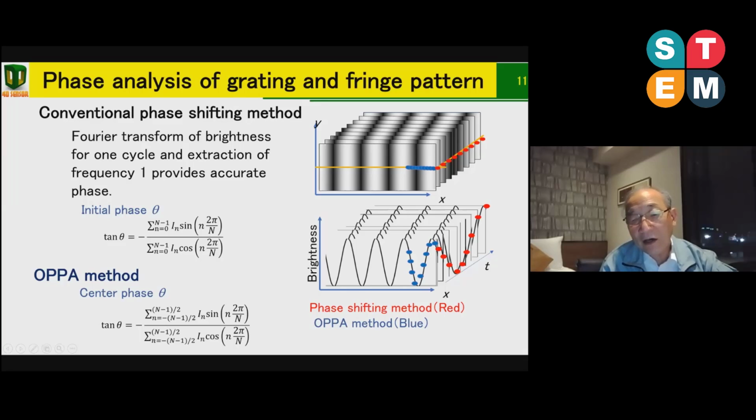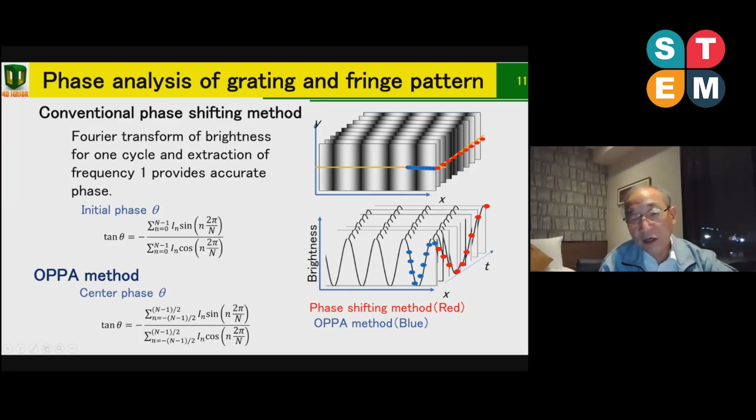So the initial phase of the next 9 pixels is the same. So this red phase and this blue phase are the same. So we can analyze this phase value from this data. Then we can analyze the phase value from one single shot image.